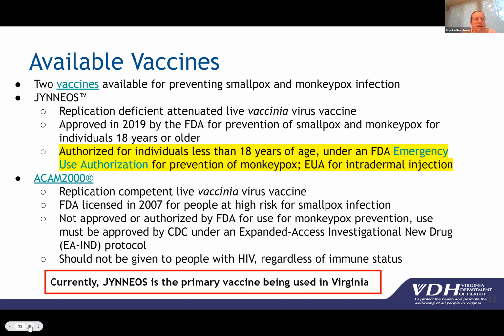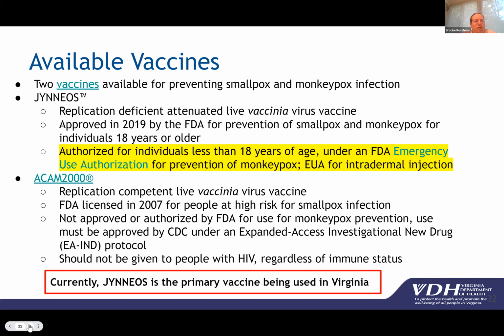The vaccinia virus is in the same family of orthopox viruses as monkeypox. Right now, we do not have a specific monkeypox vaccine based off of just the monkeypox virus alone. So what we use is cross immunity to the vaccinia virus.